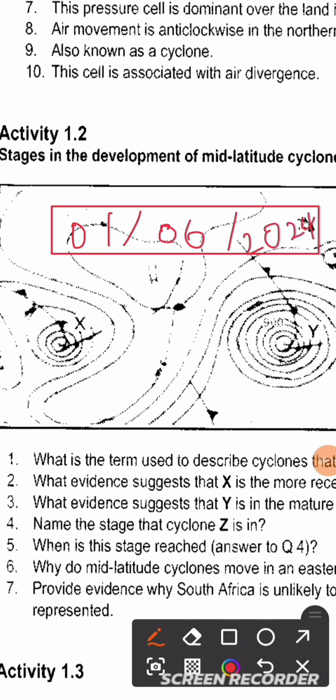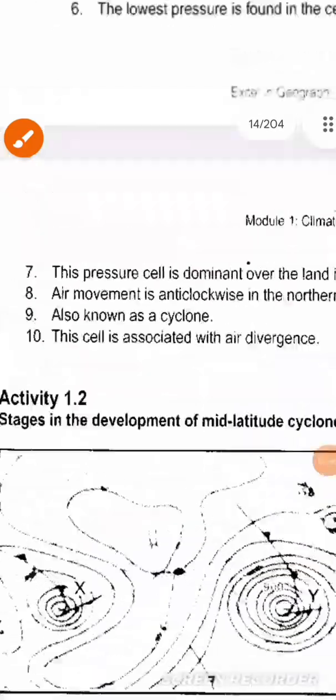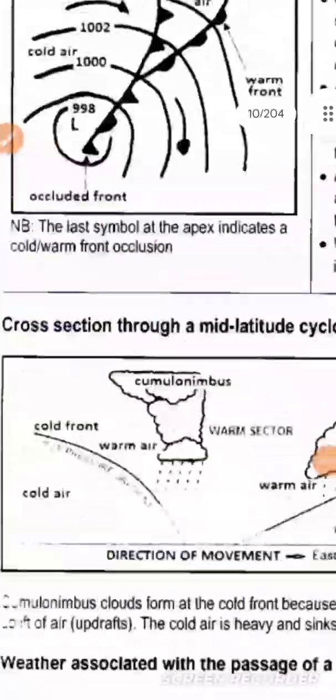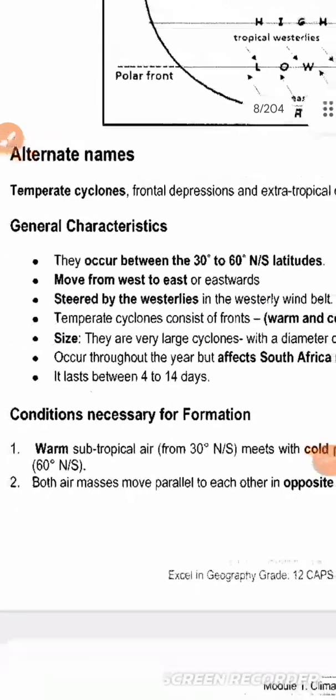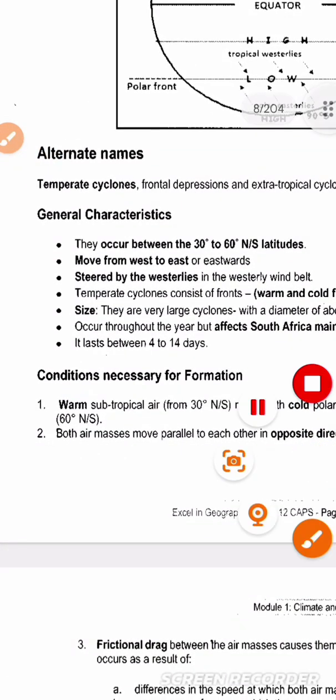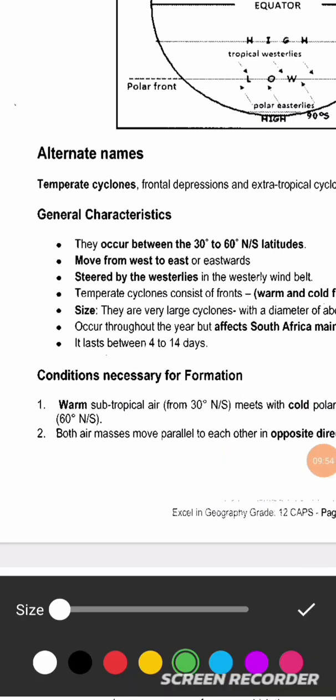You must give the evidence that this is winter. Then you'll be accurate. So mid-latitude cyclone mainly occurs in winter. So let's move. It lasts between 4 days to 14 days.